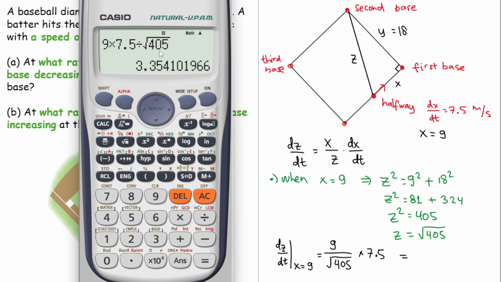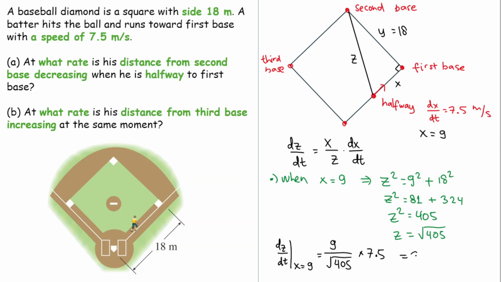Okay, and I will have 3.35, and the unit here will be meter per second. So it will be decreasing at the rate of 3.35 meter per second. So this is the answer, 3.35 meter per second. And that is the answer for question A.